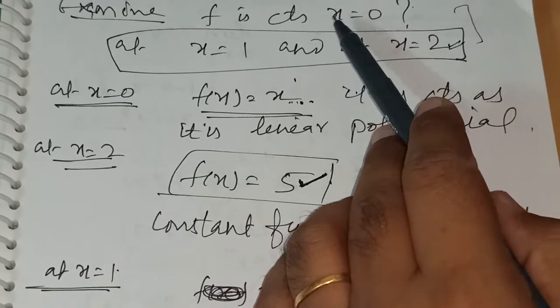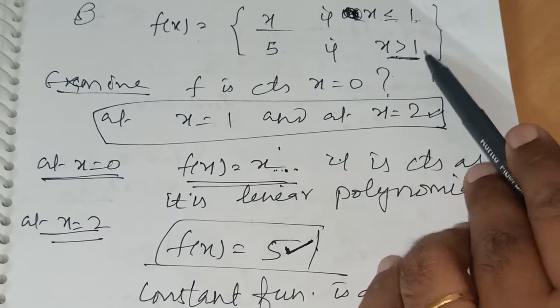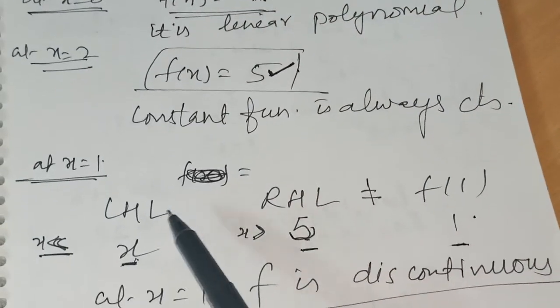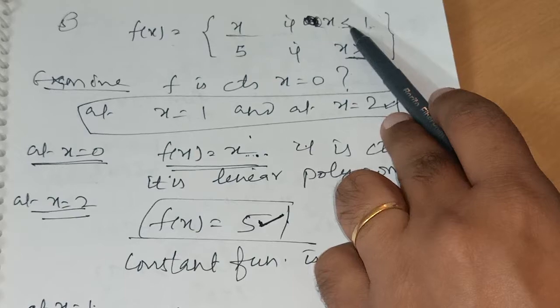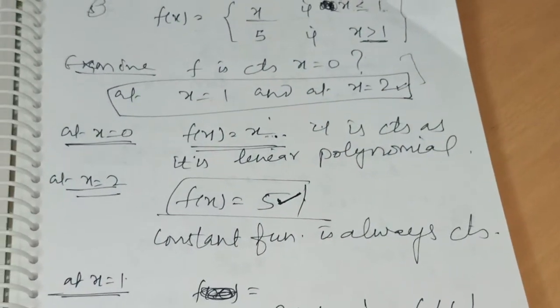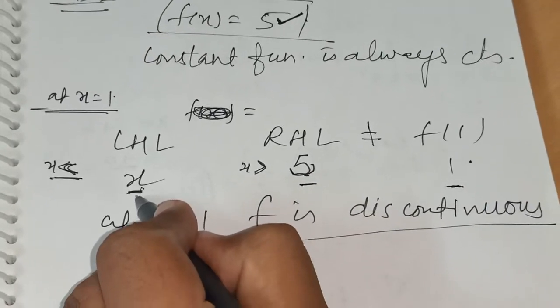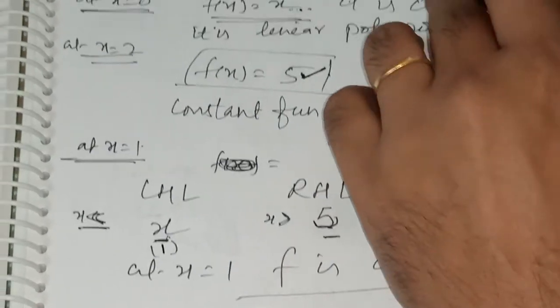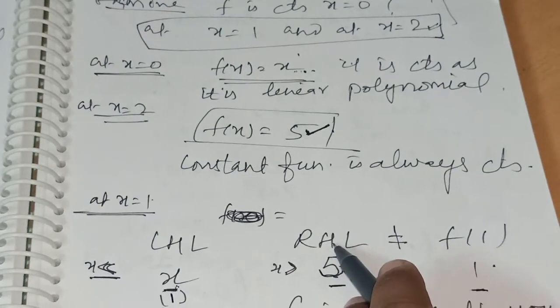Now let's discuss the continuity at x equal to 1. At x equal to 1, for the left hand limit, less than stands for left and greater than stands for right. So for less than 1, the function is x, and at 1 its value is 1, and for RHL, that is greater than 1, the value is 5. So clearly LHL is not equal to RHL.